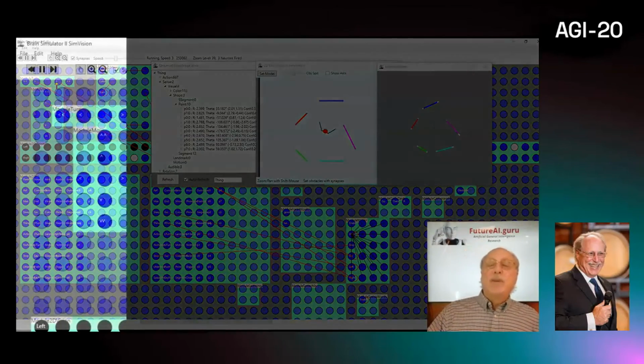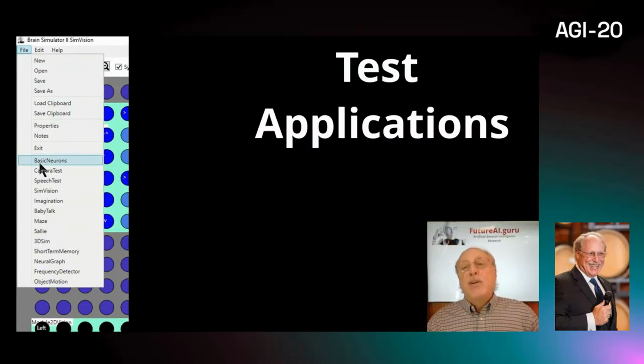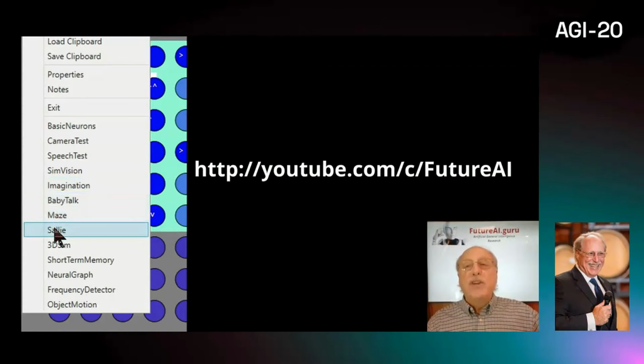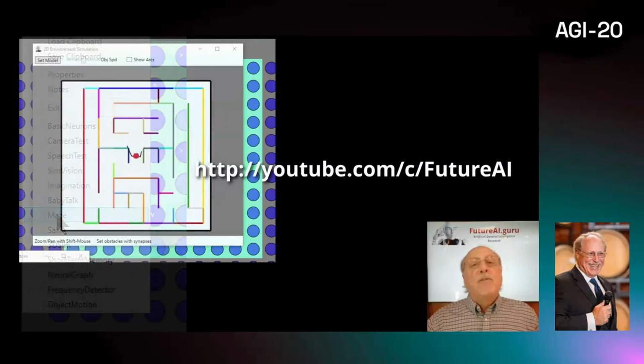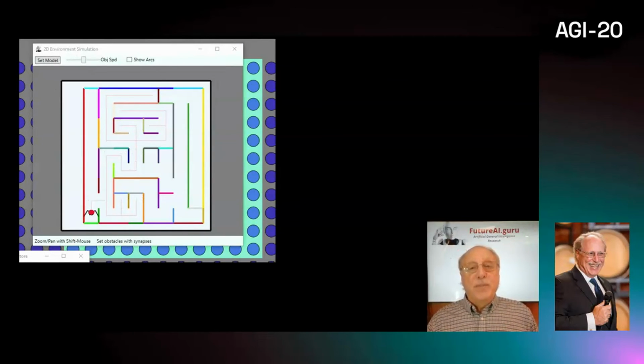Within the Brain Simulator project, there are a number of test applications. For details on these applications, each has its own YouTube video, and I encourage you to explore them. For example, Sally can traverse mazes by recognizing landmarks, making decisions, and remembering the outcomes of those decisions.